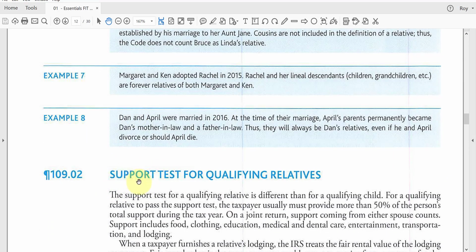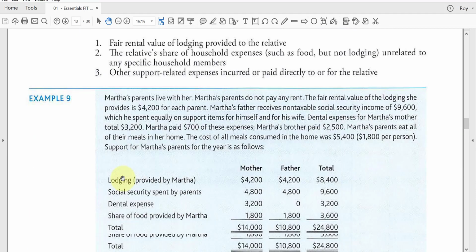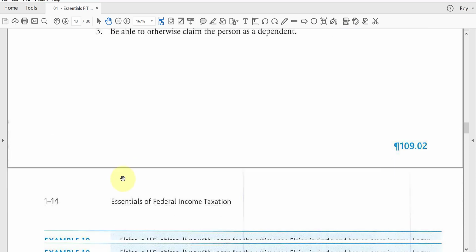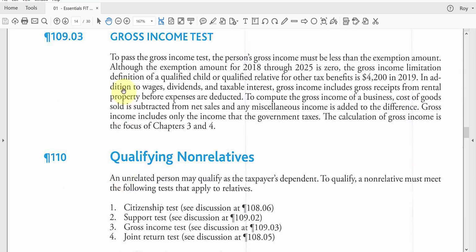Support costs. Income is money coming in, being earned. Support is money going out, paying for support costs. Okay, so don't confuse the two. I think that's the only test we need to look at for claiming dependents.